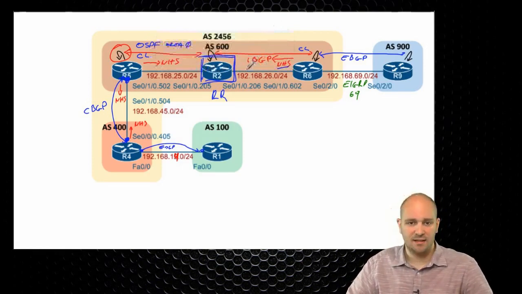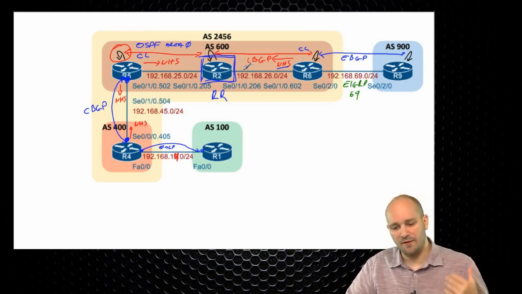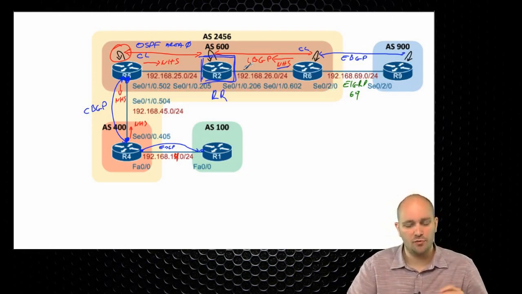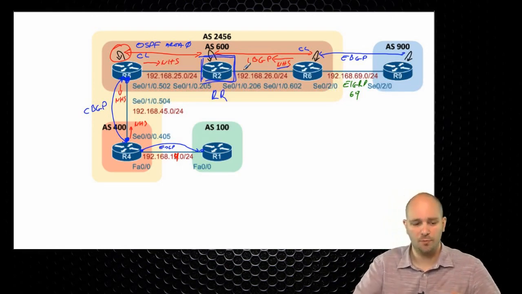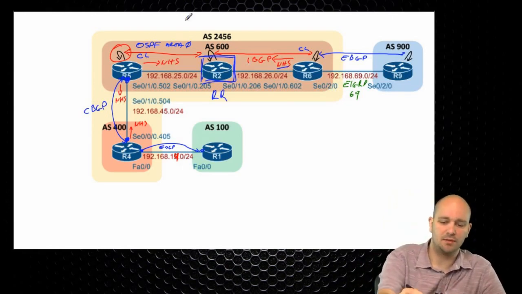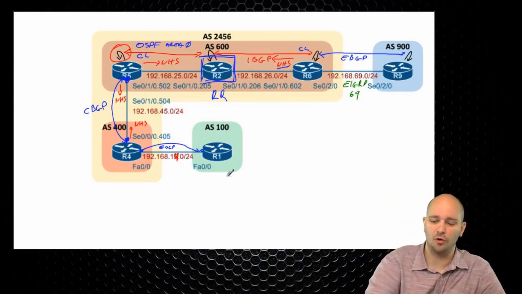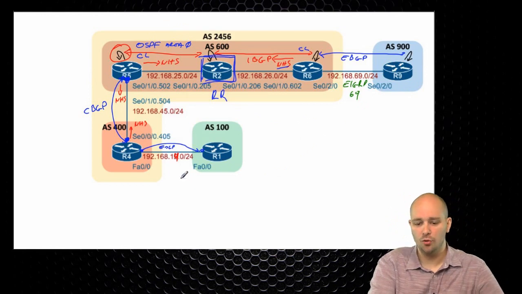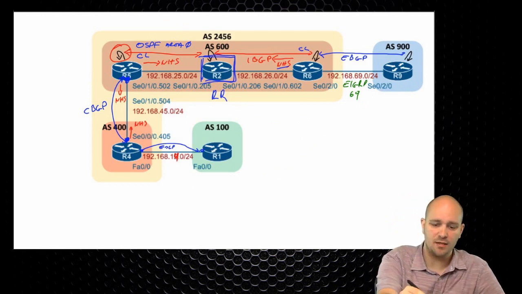So the next thing that I'm going to talk about is going to be some sort of filtering in BGP, and it's going to be route propagation control. So let's start with route propagation control. It's going to be a relatively simple requirement. On R9, I would like to create 3 new loopbacks.